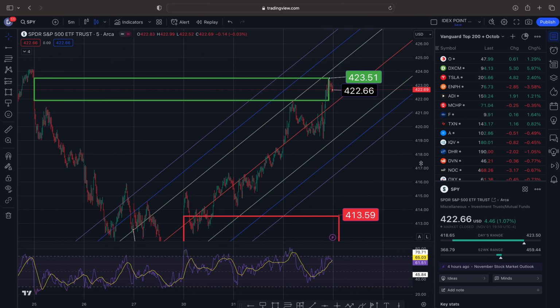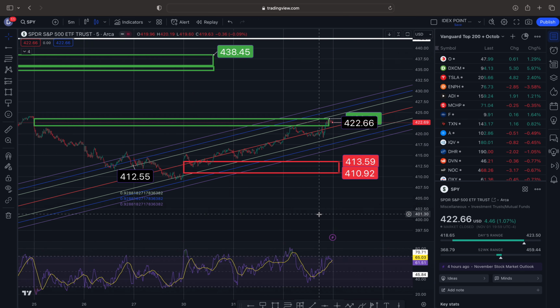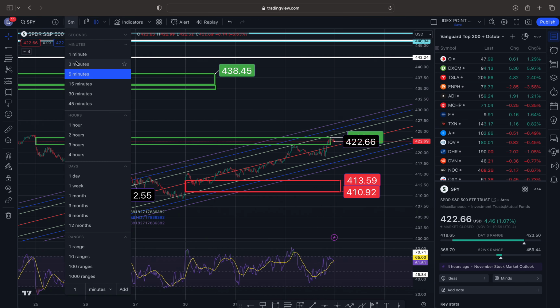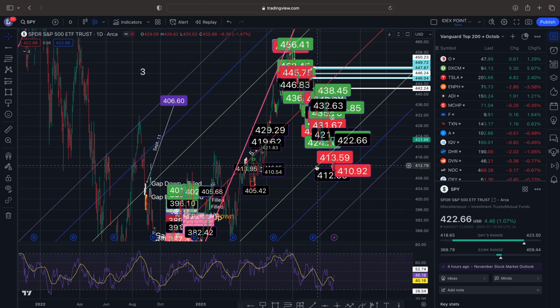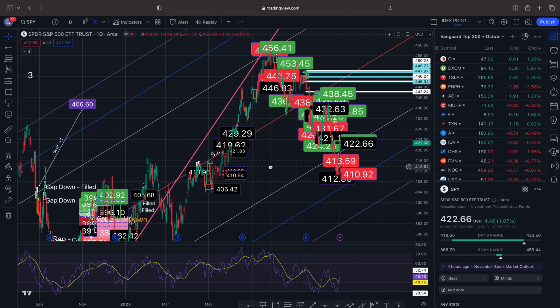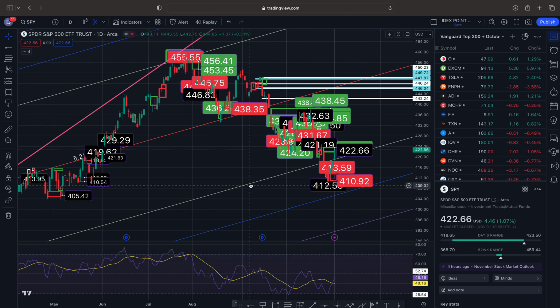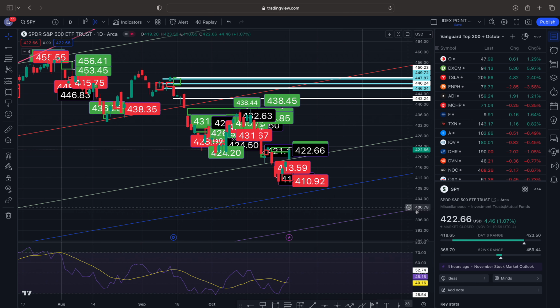And if you take this, let's say to the 1 hour or the daily time frame, check out the bigger picture. But the problem is I've marked this out so many times, it's hard for me to even see, but we are right here.